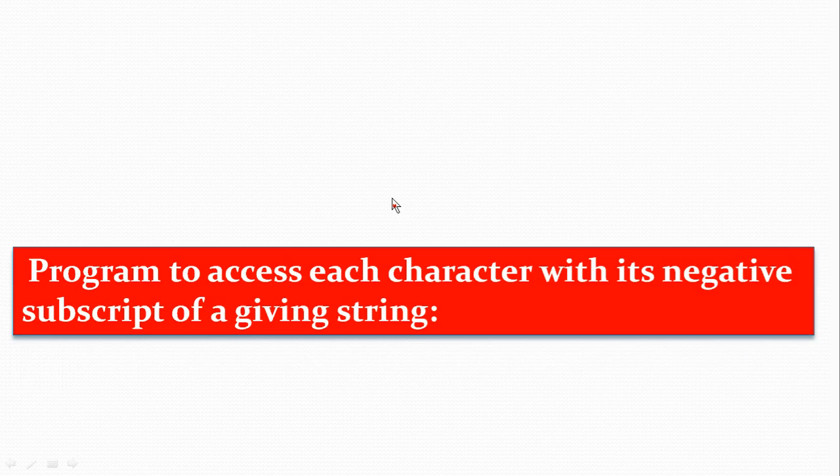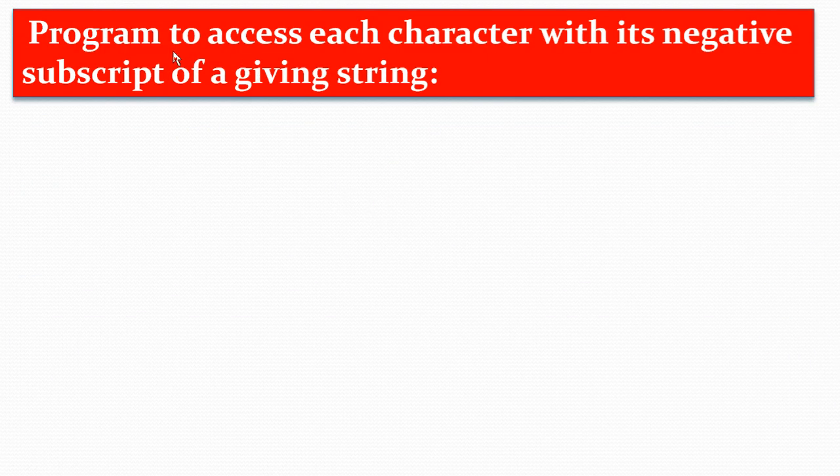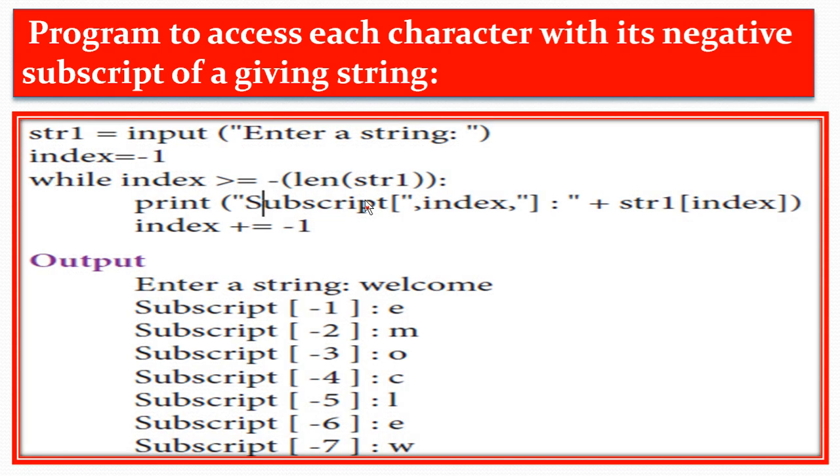In the second program, we access each character with its negative subscript of a given string. Here we use the negative subscript value, starting from minus 1 to minus 7. So it prints welcome in reverse order, EMOCLEW.